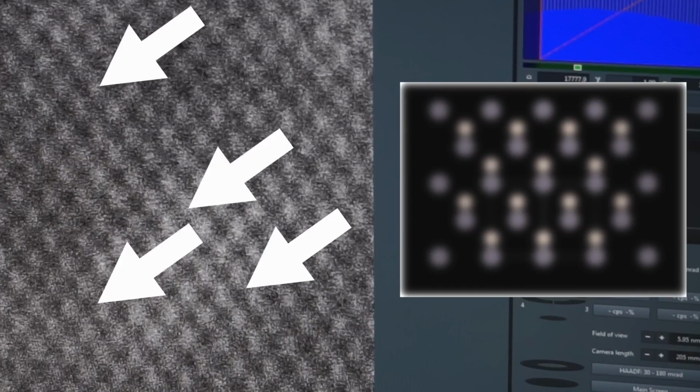So if you're not convinced by looking at all of these really fuzzy little blobs, here is a much better picture. This is probably my favorite STEM picture that I've ever taken, and after a much longer exposure time, a lot of waiting for all the drift to go away and stuff like that, and quite a bit of processing in MATLAB after the fact, you can very clearly see the double columns of atoms here.